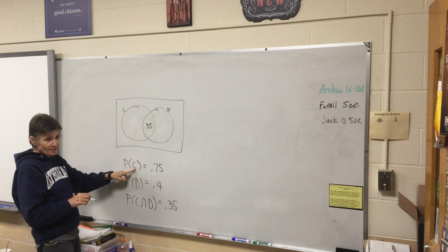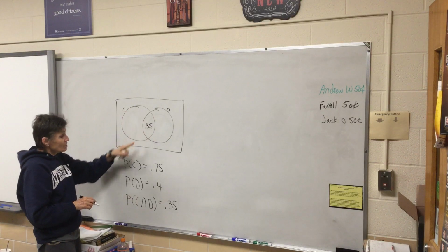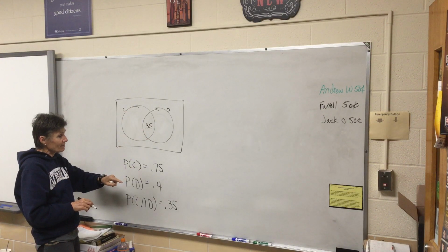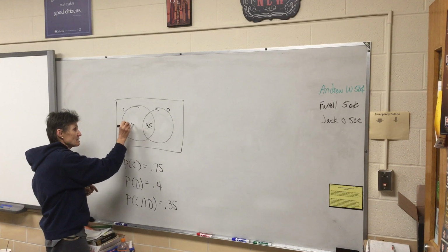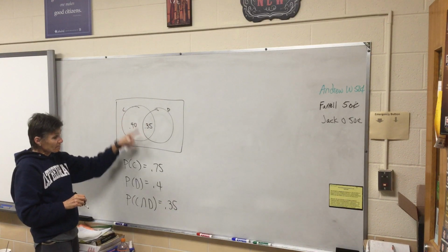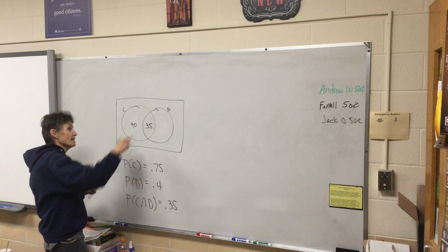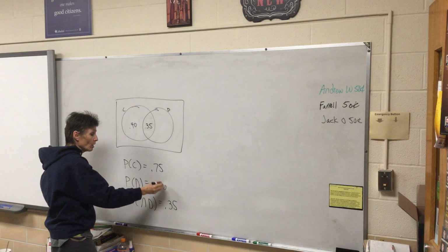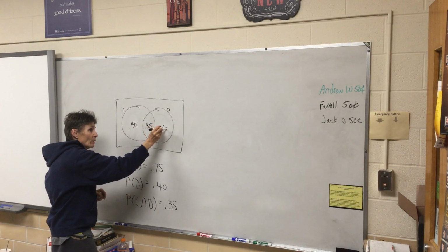This doesn't say just C. This is the entire C ball. So if the entire C ball is 0.75, but 0.35 is already marked, this has to be 0.40, so that the whole thing adds up to 0.75. And likewise, if the whole D ball is 0.40, but we have 0.35 already in, this has to be 0.05.